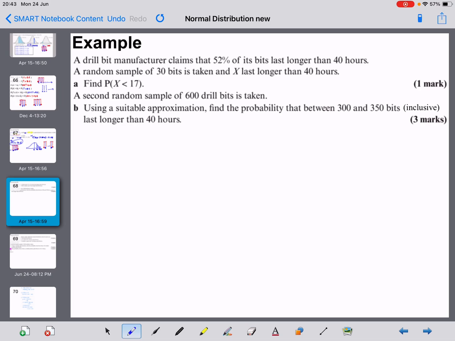A random sample of 30 bits is taken and X lasts longer than 40 hours. So we've got 52%, so that's our probability of success, and we've got N is 30. So X is distributed binomially with N is 30 and P is 0.52.